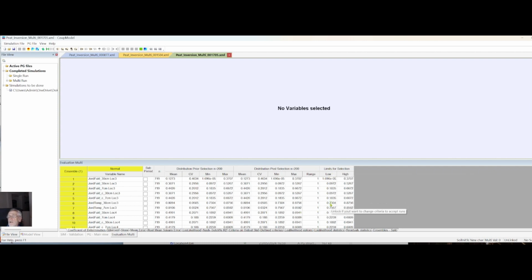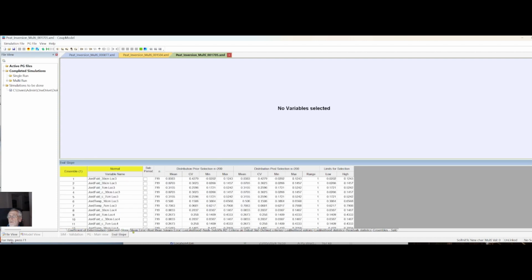So you could take a sub-selection based on any of those variables and based on any of those performance indicators.